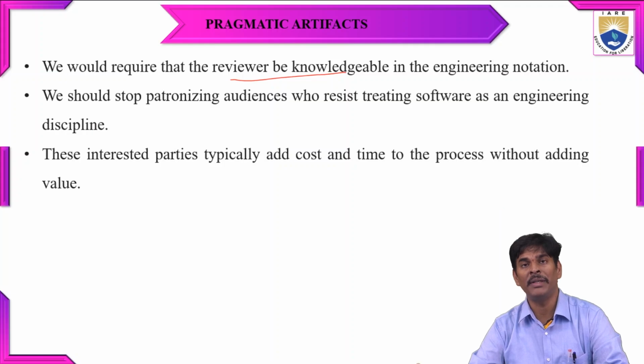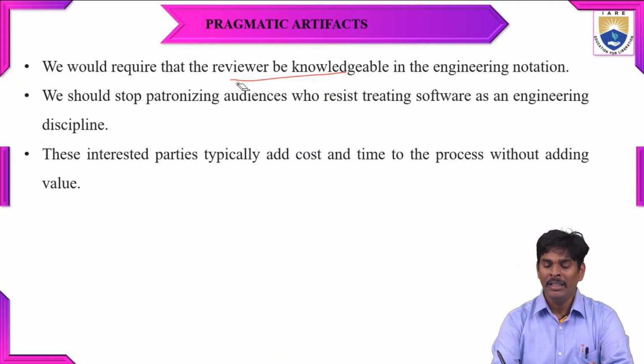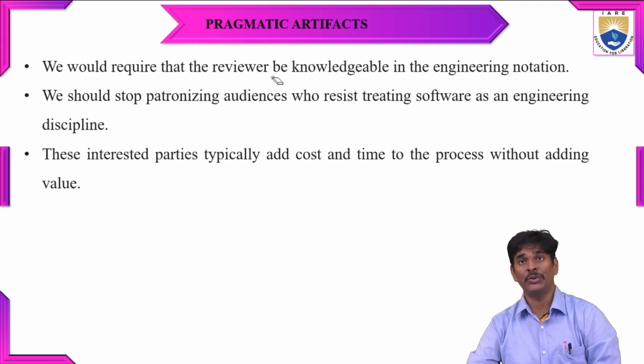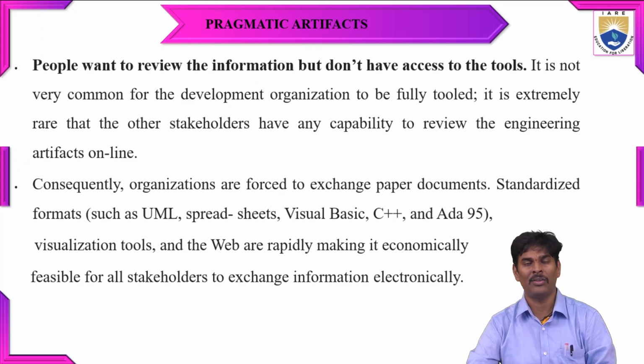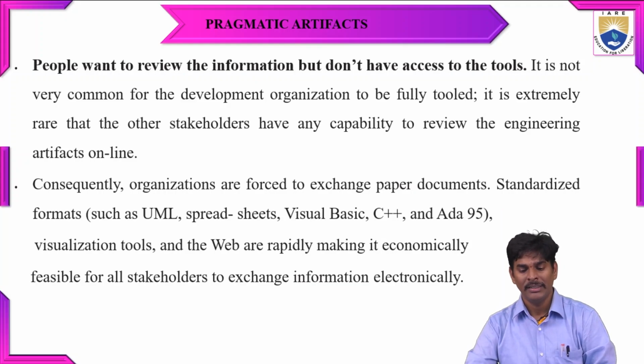If not, it will impact the time and the cost. So when you assign any work to the reviewers, you need to check that the reviewer has sufficient knowledge of that particular domain or programming language. The next one is that people want to review the information but don't have access to the tools.